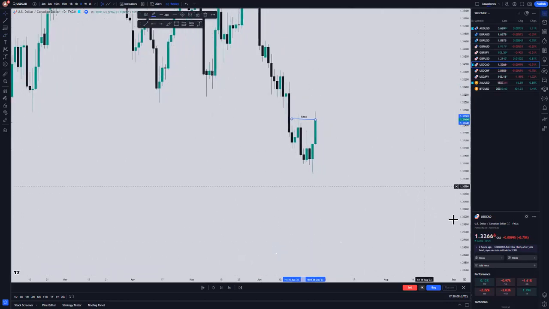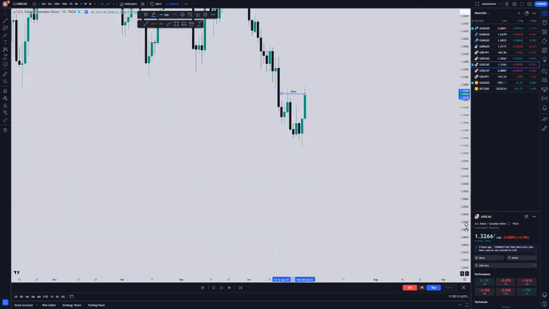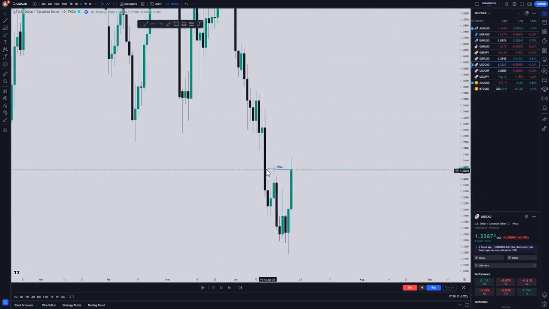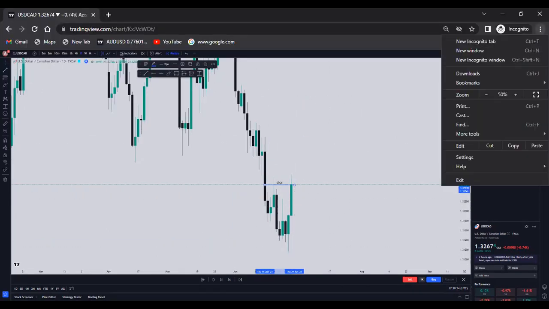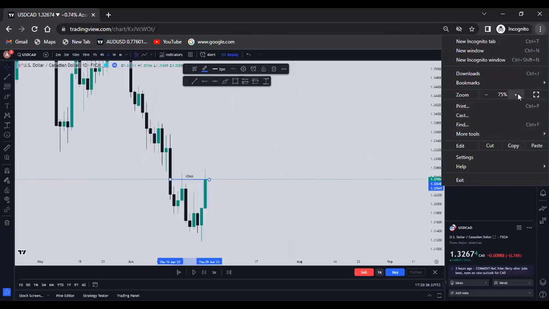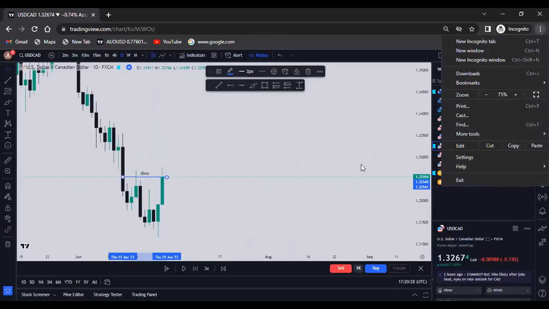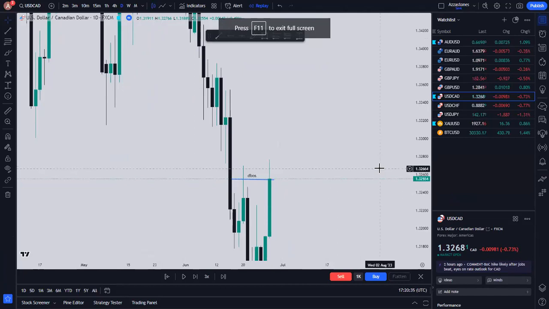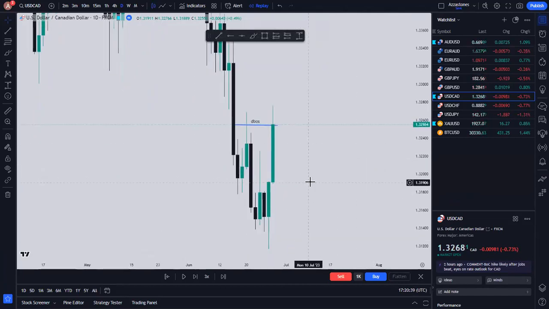The thing I want to point out is that any break of structure, regarding the daily, the 4-hour, or the weekly time frame, is indicating a certain meaning.